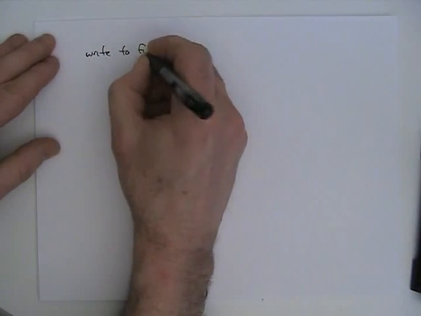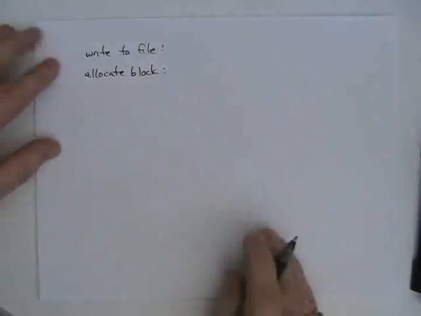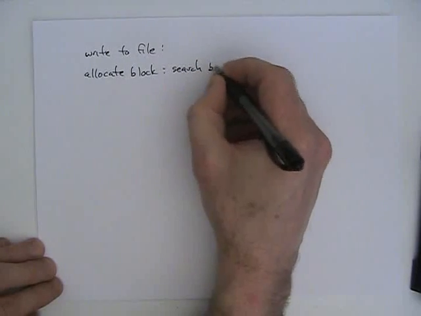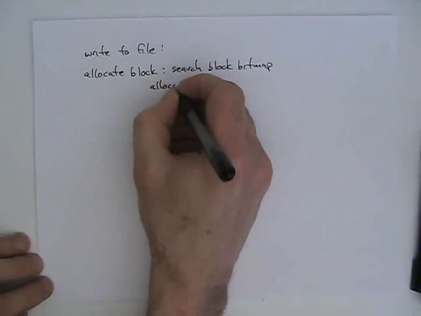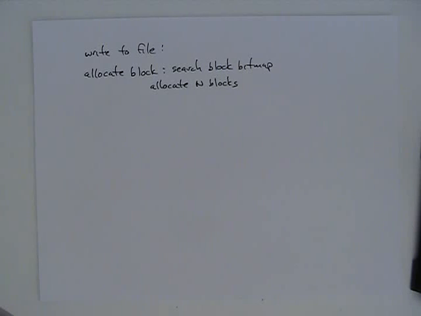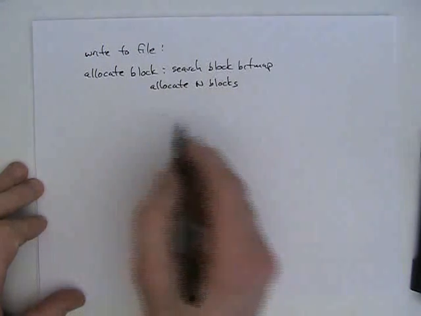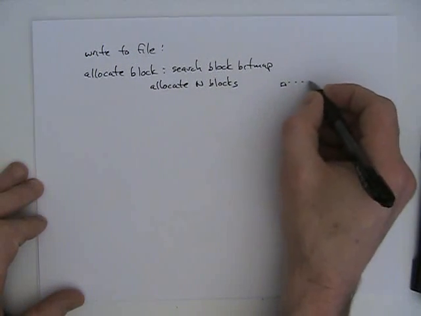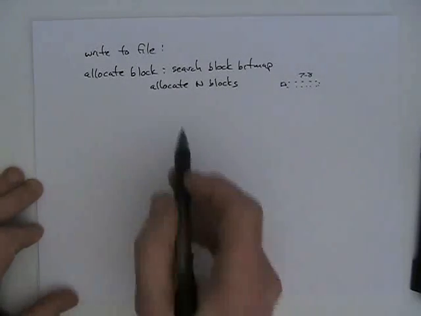Now, if we want to write the file itself, we have to allocate a block, and for this we search the block bitmap, and we allocate n blocks, where n starts at a small number, and as long as the file is open, every time we write to it, we actually allocate an additional number of blocks, somewhere around 7 or 8, I think, is typical, consecutively.